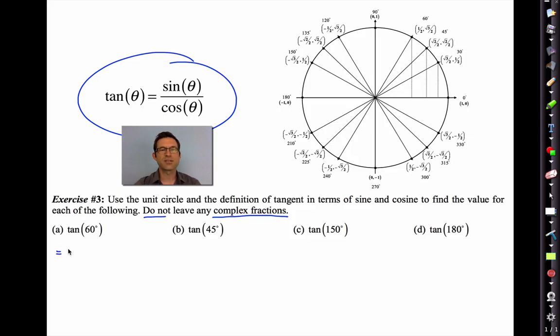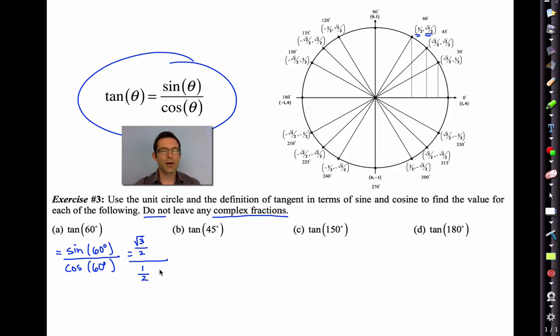The tangent of 60 degrees, by definition, is the sine of 60 degrees divided by the cosine of 60 degrees. Now, the sine of 60 degrees is the y-coordinate on the unit circle. So that is root 3 divided by 2. The cosine is the x-coordinate on the unit circle, and that's 1/2.